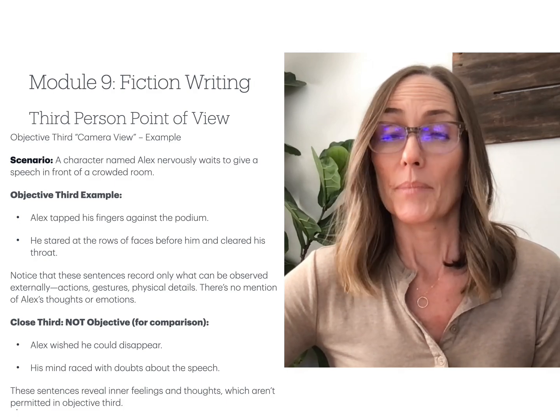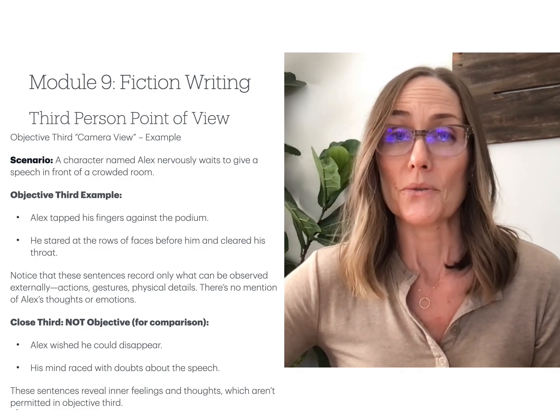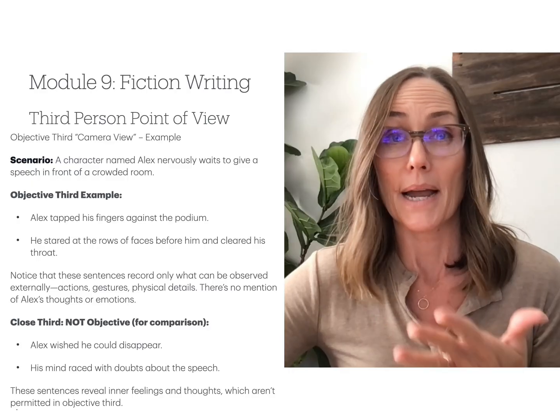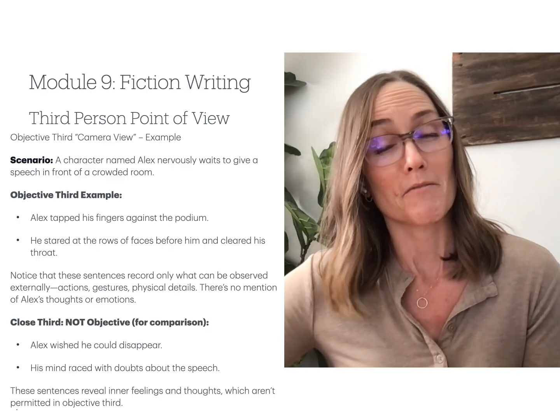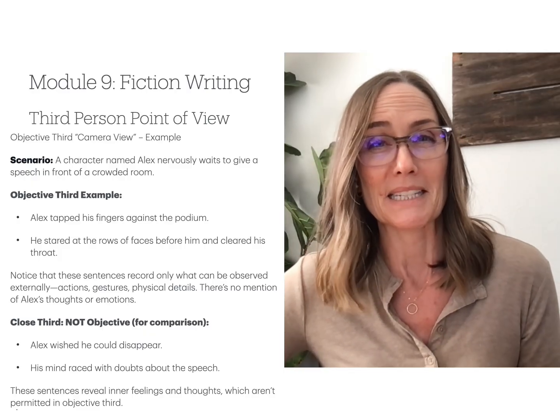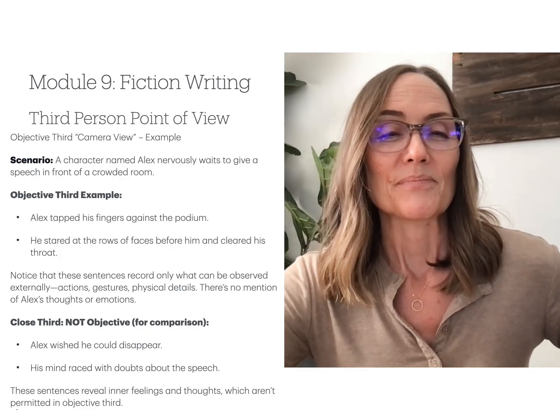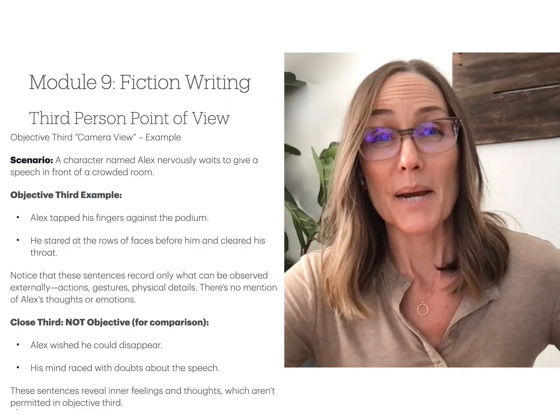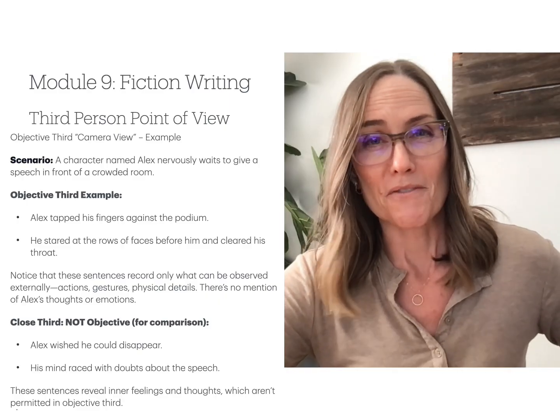And believe me, I understand the tendency to do that because that's where I'm comfortable. I like being inside people's heads and I don't like to get out into the world necessarily. So I should probably be practicing what I preach and write some stories in objective third person.